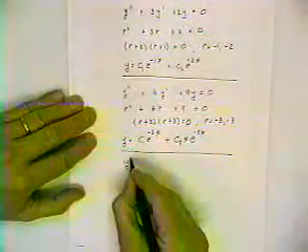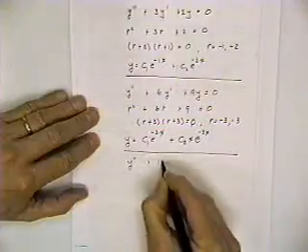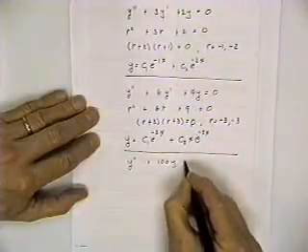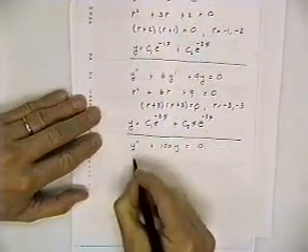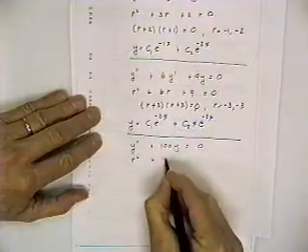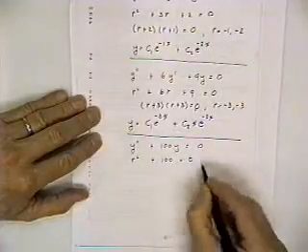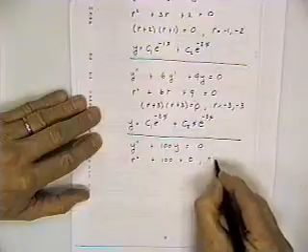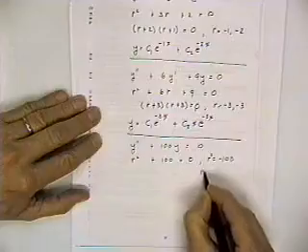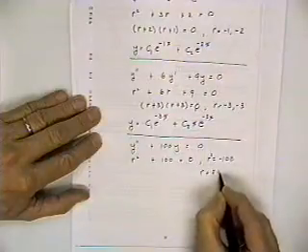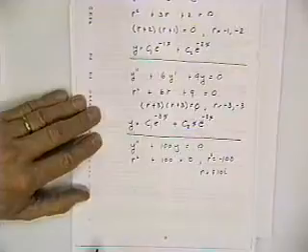Now, let's take another one. This is called the differential equation for the simple harmonic oscillator. And it's y double prime plus, I'll choose a particular value, 100y is equal to 0. Now in this particular case, the characteristic equation is r squared plus 100 equals 0, and we end up with r squared, of course, equal to minus 100, from which we conclude that r is equal to plus or minus 10i.